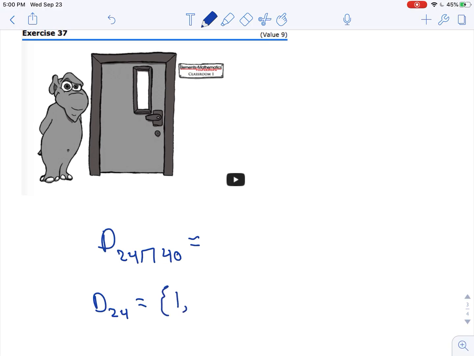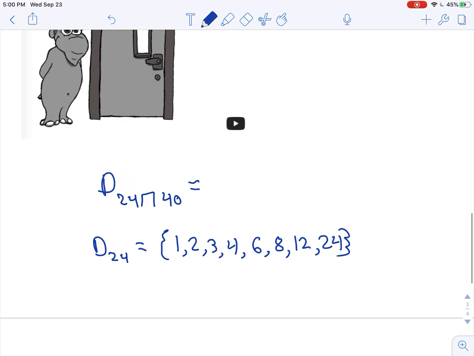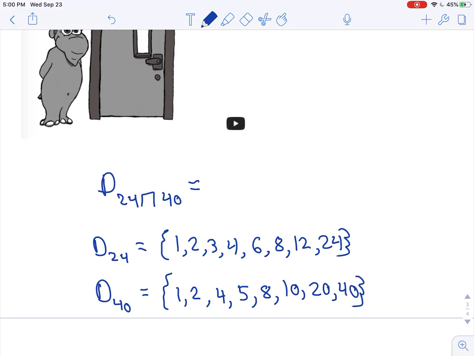I'll list those out: 1, 2, 3, 4, 6, 8, 12, and 24, like so. And of course, the divisors of 40. I'll spare you the factor tree or factor chimney here: 1, 2, 4, 5, 8, 10, 20, and 40.